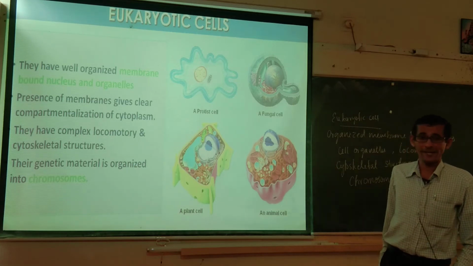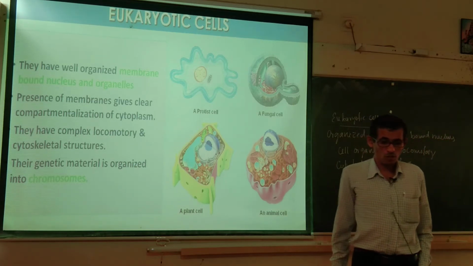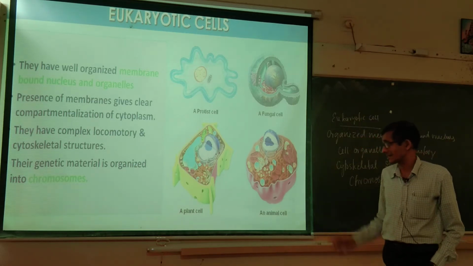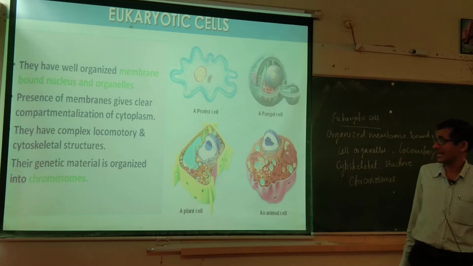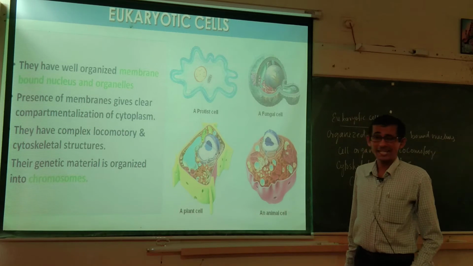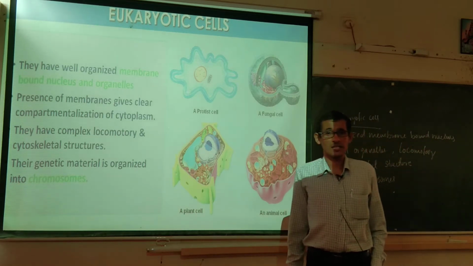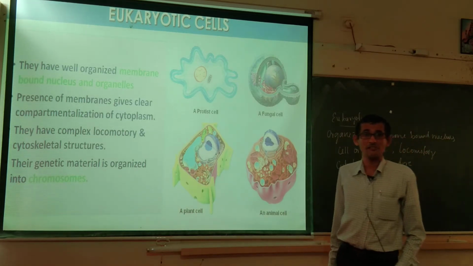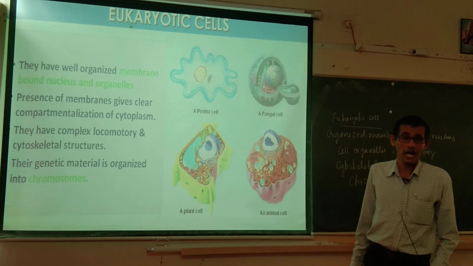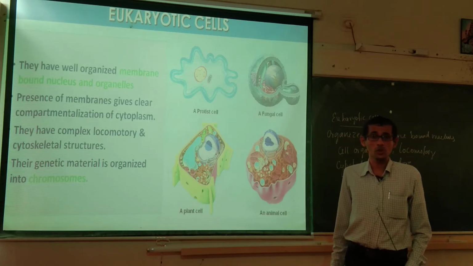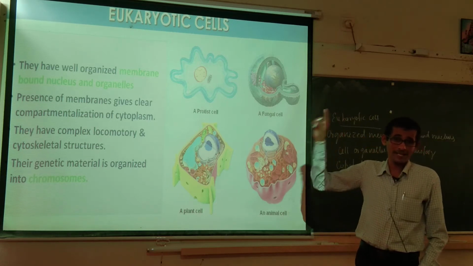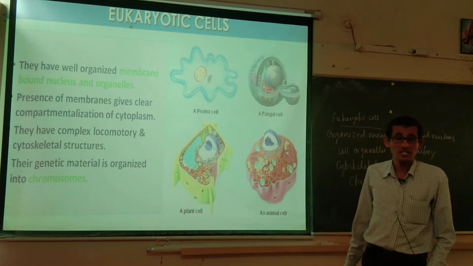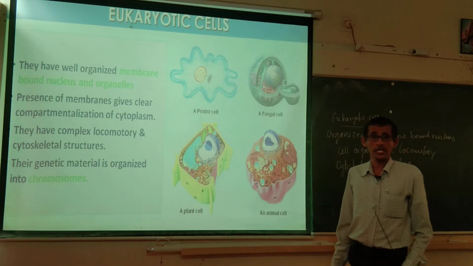The presence of complex locomotory and cytoskeletal structures in the cytoplasm, the presence of membranes giving clear compartmentalization of the different cell organelles, and the presence of a membrane bound nucleus and cell organelles, these are the basic, very important features of our eukaryotic cell.